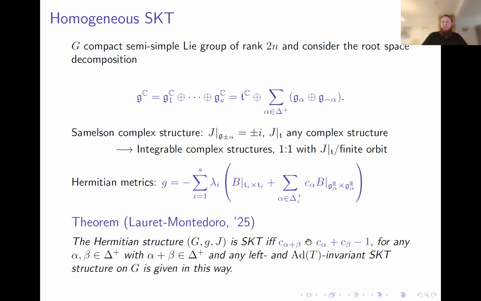You can basically just add them up, and that's the way you get an SKT structure. These are by default left and T bi-invariant, and what they show is that, in fact, any left and T invariant SKT structure on a compact semisimple group is given in this way, with this complex structure and this Hermitian metric.